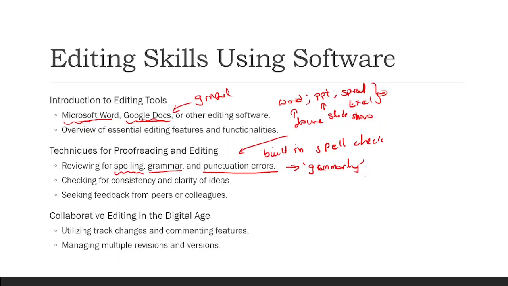Grammarly will at the back end read through every text that you type in, and if it has any grammar issues, will give you a warning which you can go ahead and change. Grammarly also helps you to check for consistency and clarity of whatever you are presenting. So this is a very important tool which you are free to use.